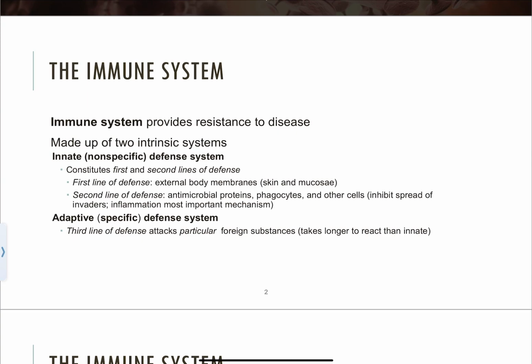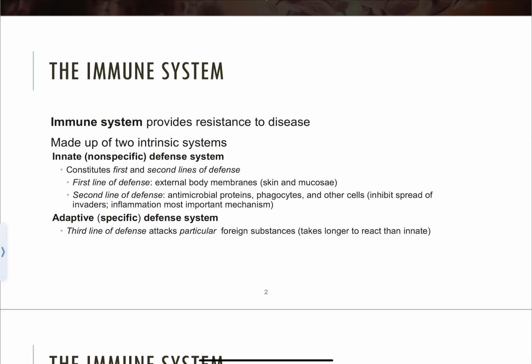The major difference between our innate and our adaptive defense system is specificity. Our innate defense system is non-specific. Our adaptive defense system is very specific to what it can go in and help kill. Our innate defense system is broken up into two different lines of defense.